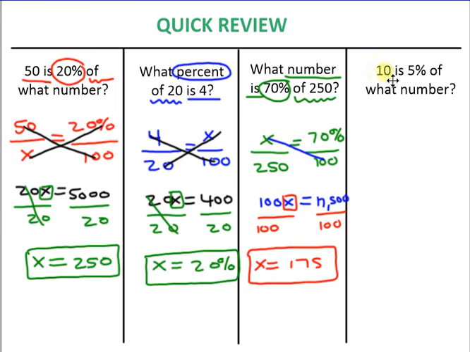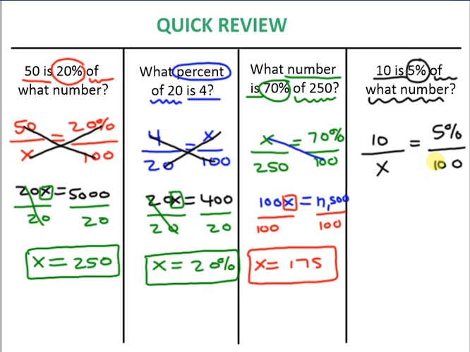All right, so 10 is 5% of what number? So we have 10 over x, our missing number, equals 5 over 100. So 5 times x is 5x, equals 10 times 100, which is 1,000.